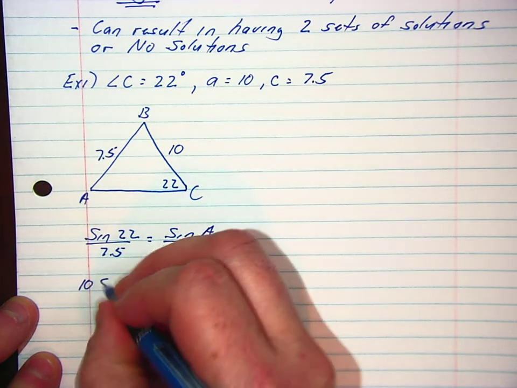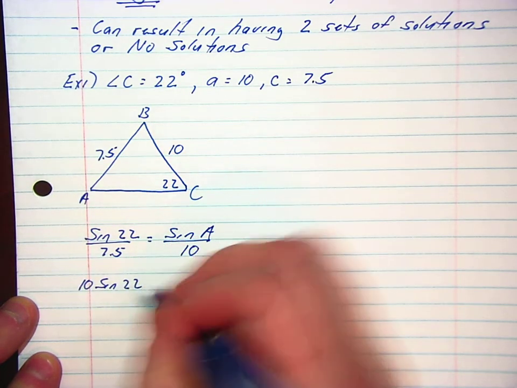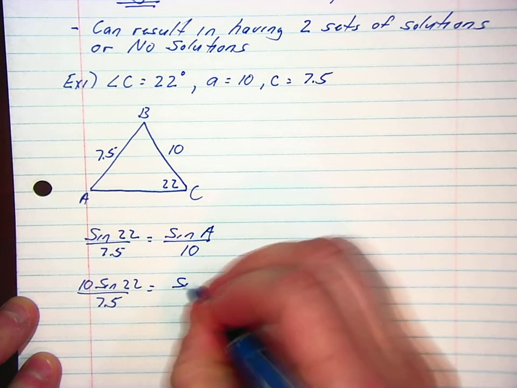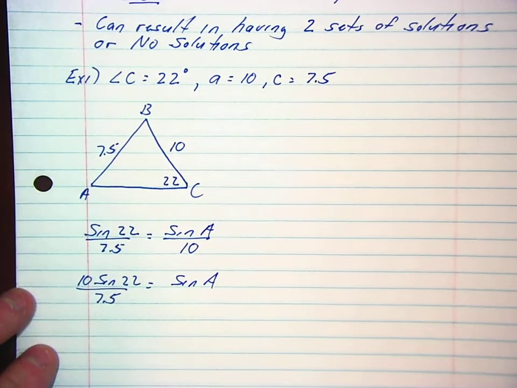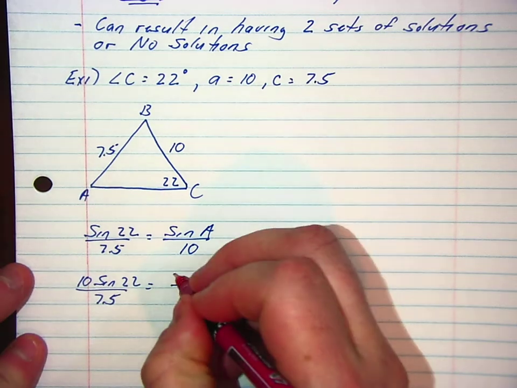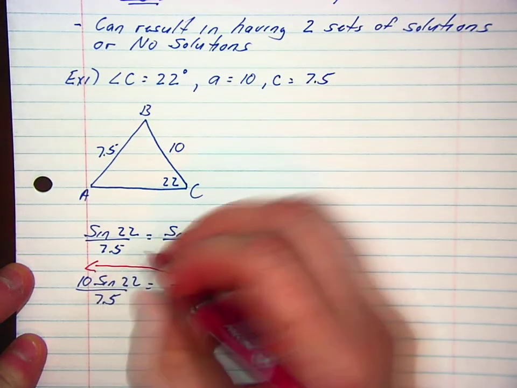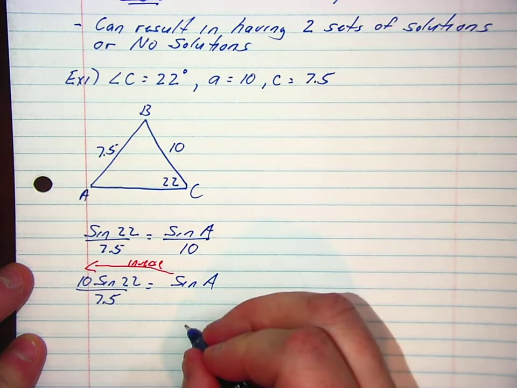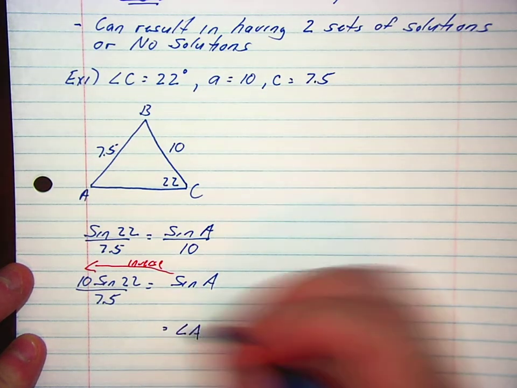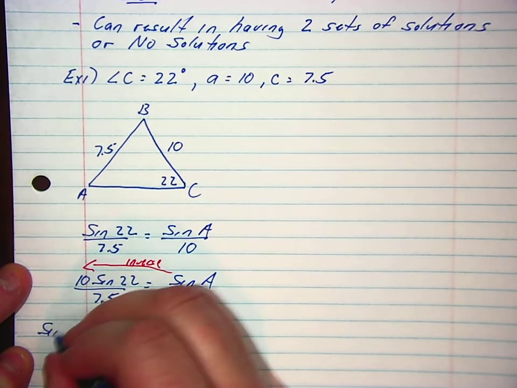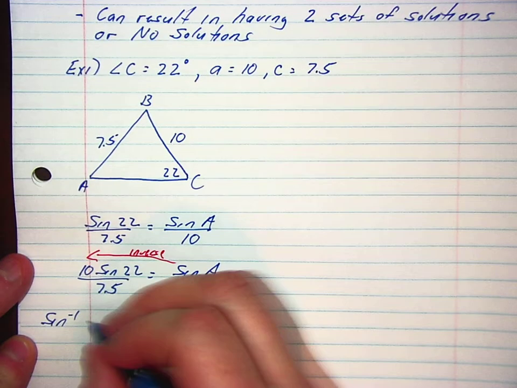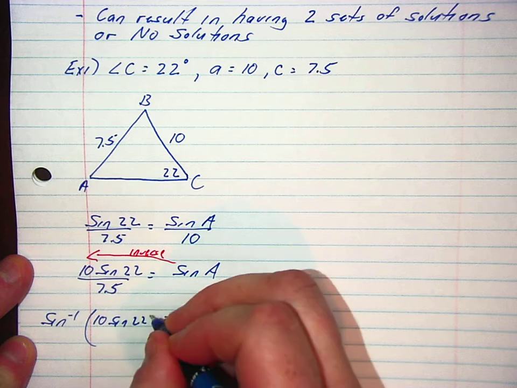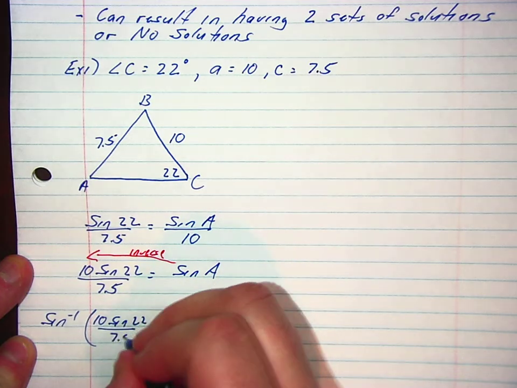So it's 10 times the sine of 22 over 7.5 equals the sine of angle A. And now I'm going to do inverse, which means this goes in front there as the inverse. And normally we would just go to the calculator right now. Angle A is going to be equal to inverse sine of 10 sine of 22 over 7.5.